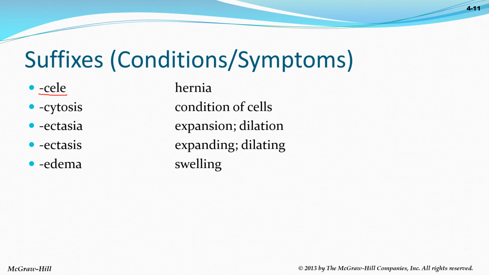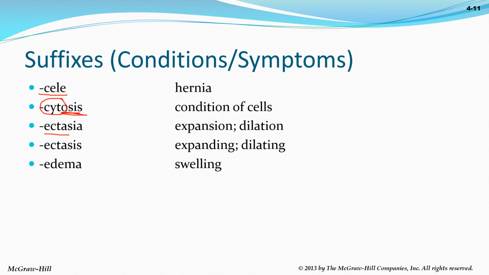So you can have different types of hernia. Men get inguinal hernia. You can also get your stomach popping up into your intestines. Right? It's called a hiatal hernia. Condition of the cell. So osis is any condition, right? Any abnormal condition. So here they just added cyto, the word root for cell. So now it's a cell condition.